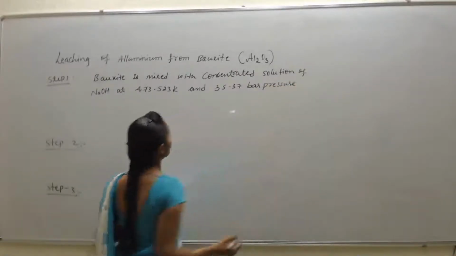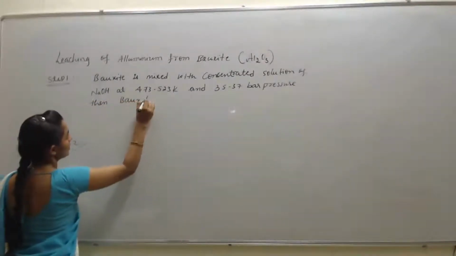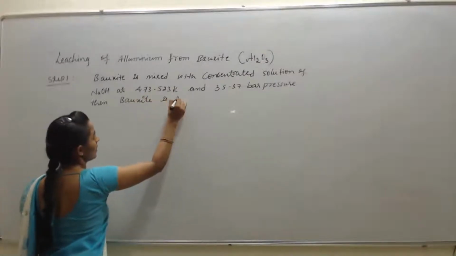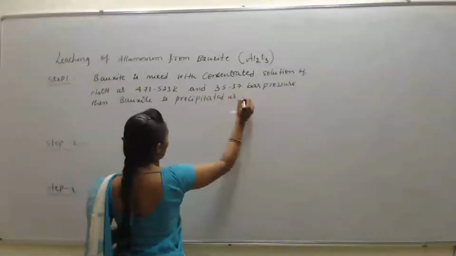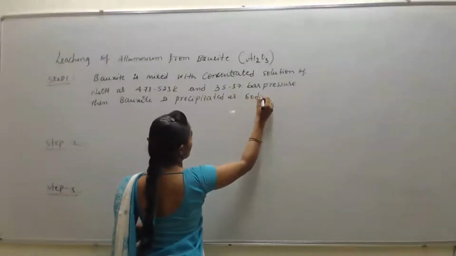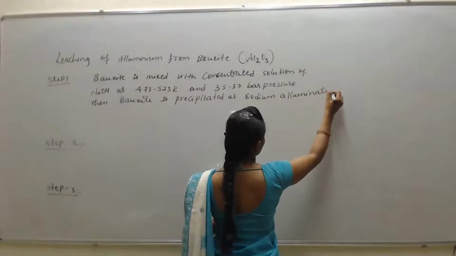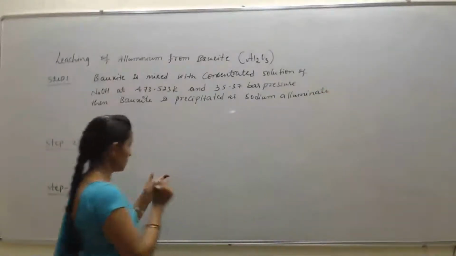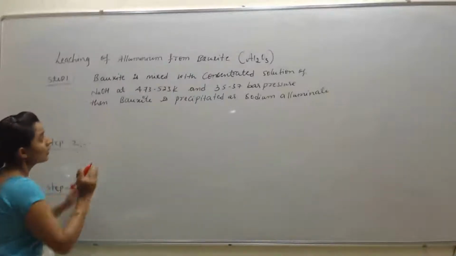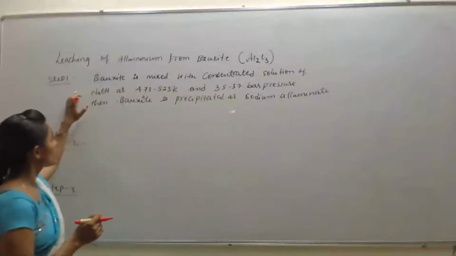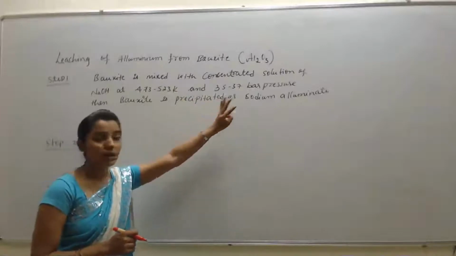So then bauxite is precipitated as sodium aluminate. Bauxite is precipitated as sodium aluminate, students. Okay, so here bauxite is mixed with concentrated solution of NaOH at 473 to 523 Kelvin and 35 to 37 bar pressure.